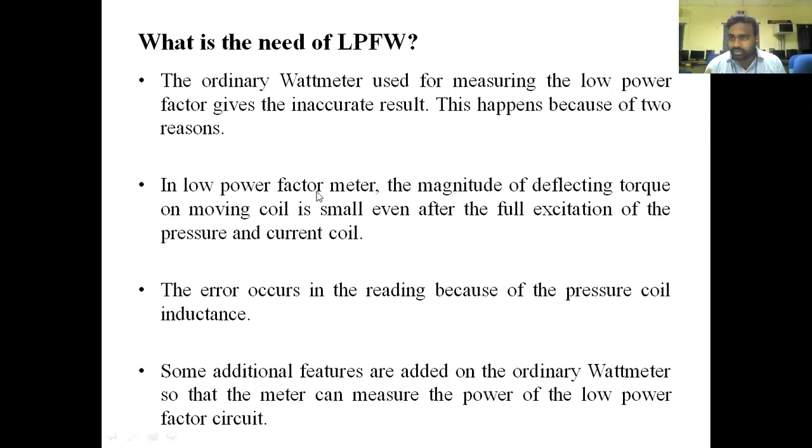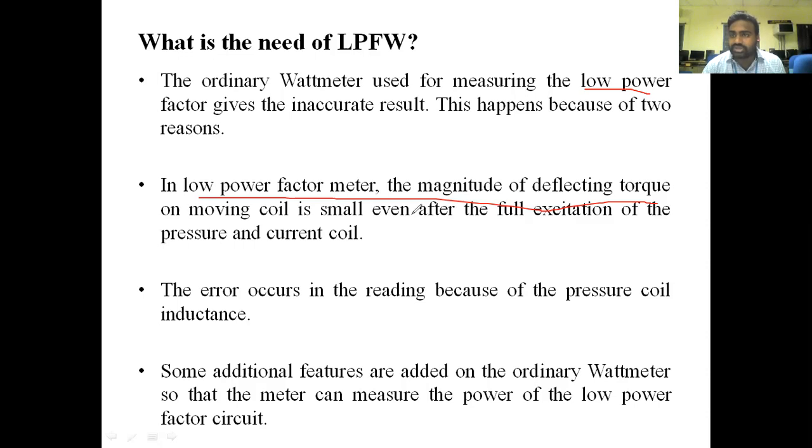As we said, we are measuring low power values. The low power values we are going to measure create a deflection torque that is very small compared to full scale deflection. In UPF wattmeters we measure high power in high resistance circuits, which creates a full scale deflection in the wattmeter.